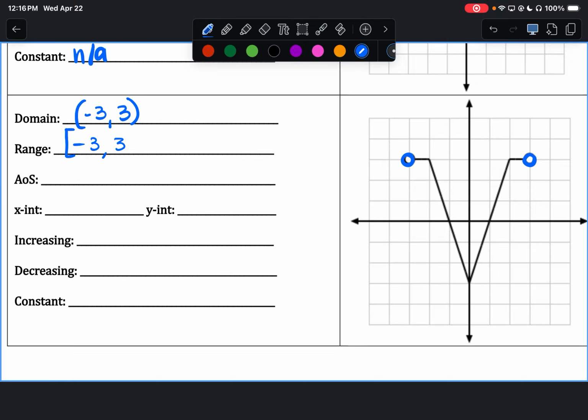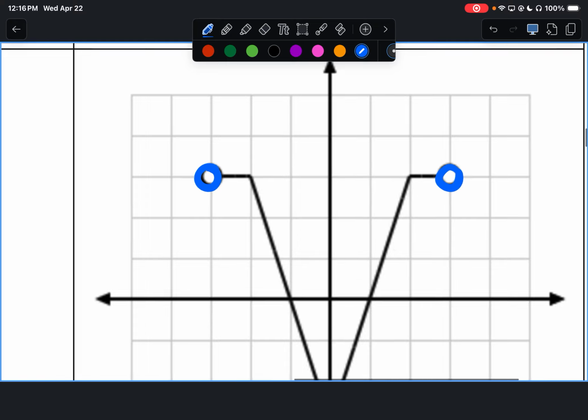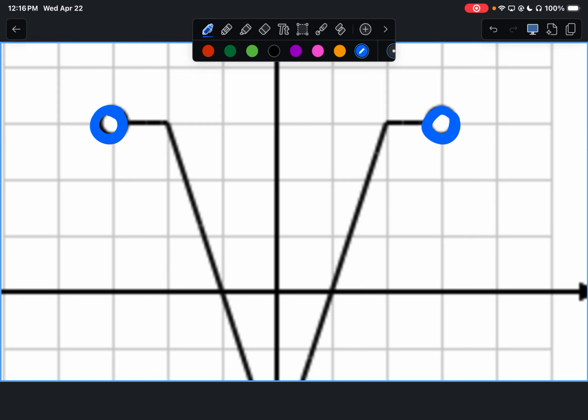Now, the top of this graph is a little weird. This entire line here is where y is equal to 3, right? We know that. So whenever we have an open circle, that means that point is not equal to 3. But are there any other points on that graph that do equal 3?